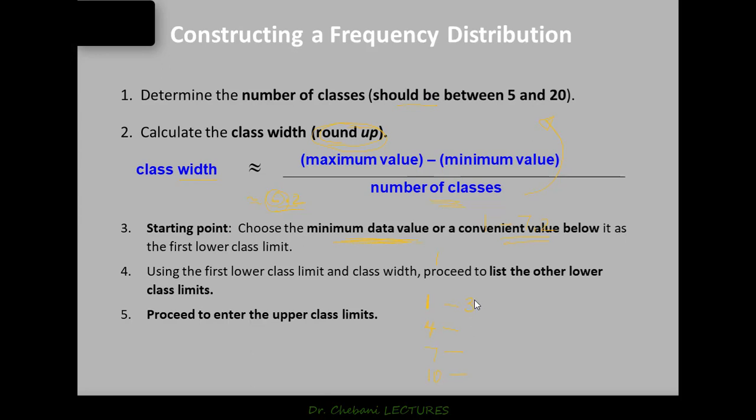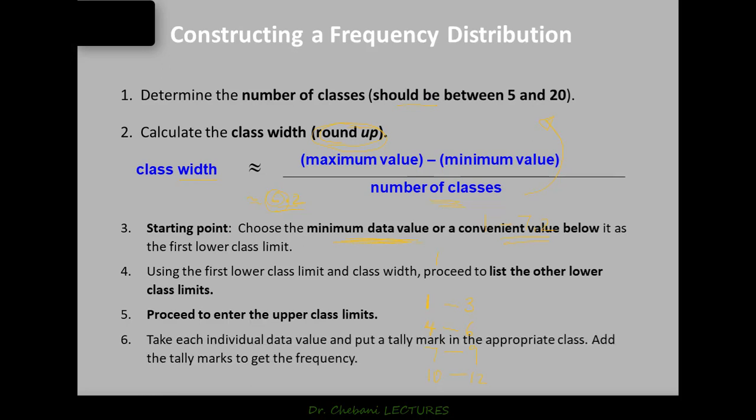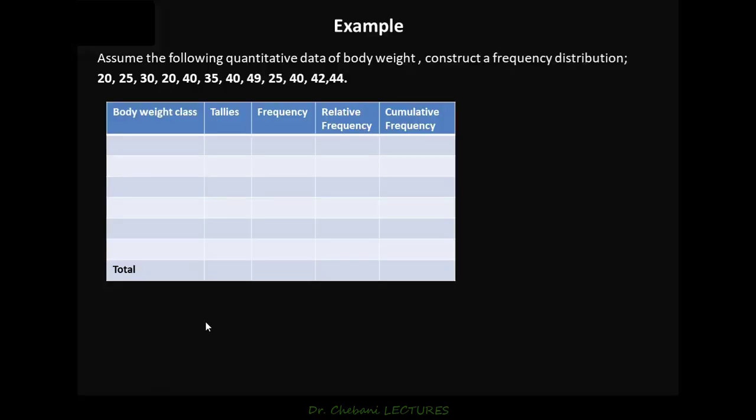So we'd add 3 to 3, we get 6, then 9, then 12, just like that. This will become clear as we work through an example in the following slides. And then after that, of course, you tally up your data points and determine the frequency.